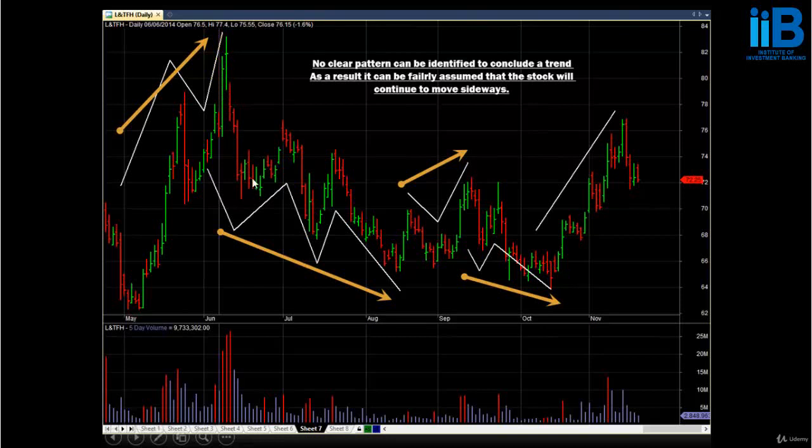Then it came down, found support at its previous low, went up but failed to make a new high. Rather, it came down and made a new low. Here it suggested that this stock might be in a downtrend. Went up, failed to take out its previous high, came down, took out its low, thus confirming the fact that this stock is in a downtrend.